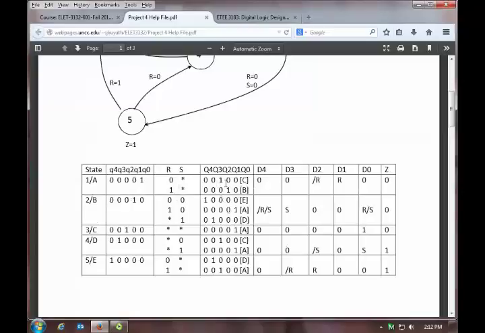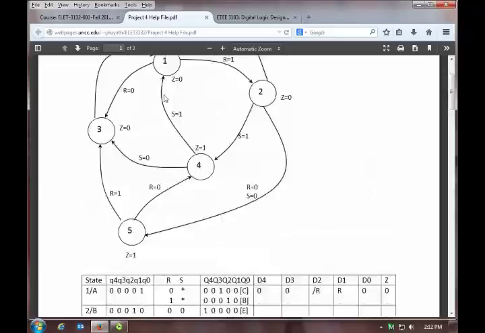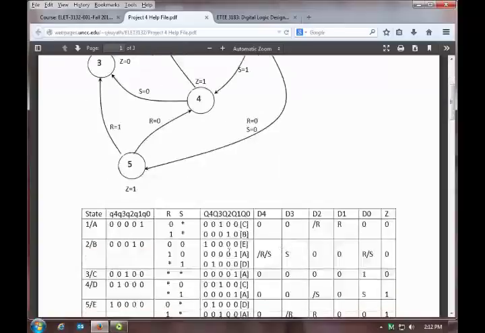So here, finally, we get to 1, 0 for Q2, right? That's this one. R is 1, and we go to state B, which is this one. For this particular one, we got 1, 0.